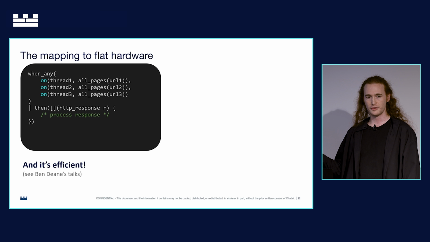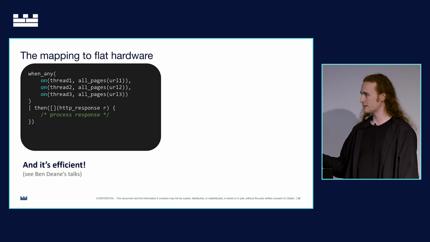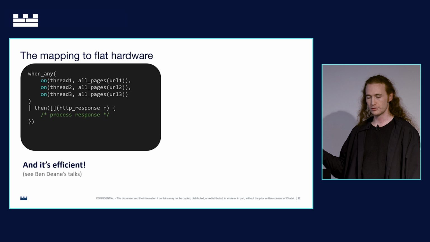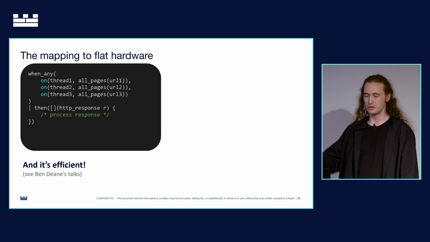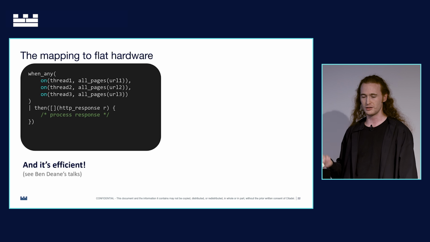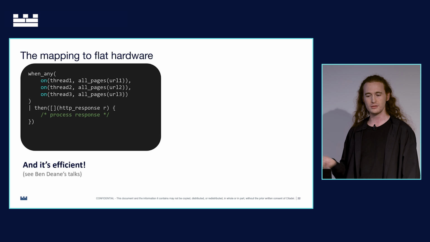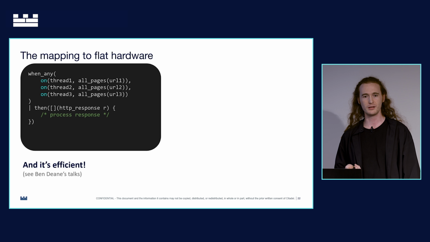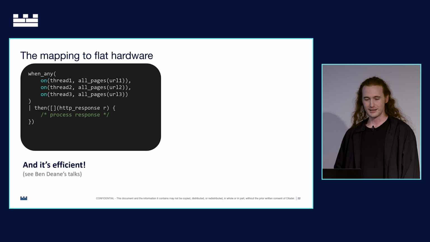We also have some verbs to talk about where exactly things run now, with the on algorithm, for instance. And we can just say, well, run the first one on thread 1, and the second one on thread 2, and the third one on thread 3, and you pin those threads, and you know they're going to run lightning fast over HTTP. Just exactly what you want.